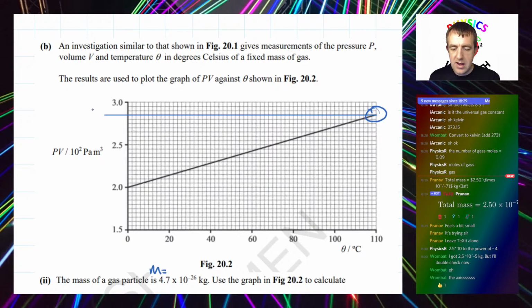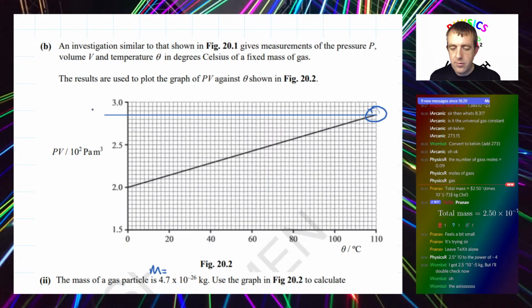All right, well, let's work out what that is. 7 tenths of the way between those two is going to be 2.85 times 10 to the 2. Whee! I think that's what you just noticed there, Wombat.